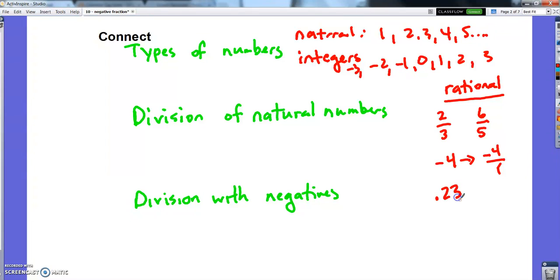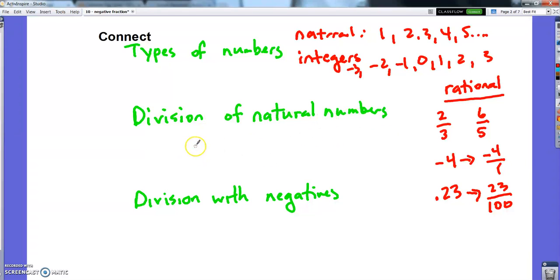And 23/100ths is also a rational number because I could write it as a fraction if I wanted to. So any number that can be written possibly as a fraction is a rational number, which is pretty much all the numbers you know of. So that's one thing to review.